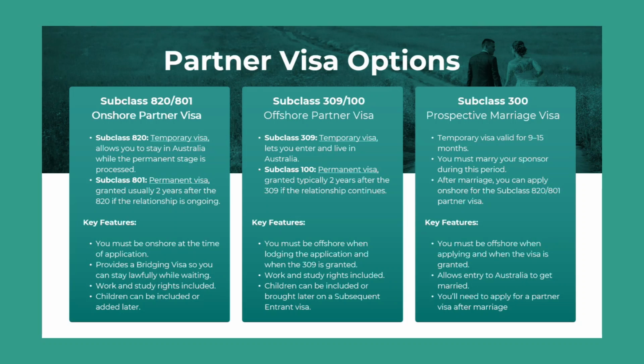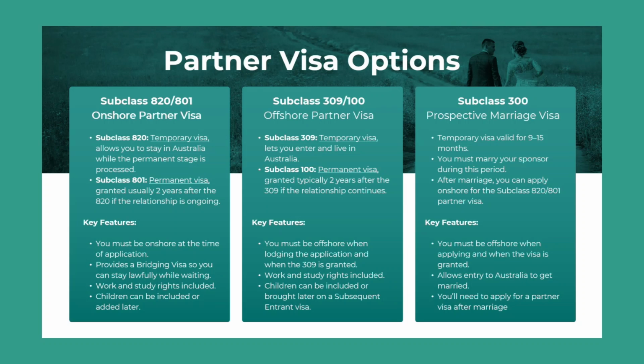However, in terms of documentation, the partner offshore visa, the 309 and 100, is a bit complicated. The prospective marriage visa, if you are just establishing your relationship, has a processing time that is a bit quicker as well than the partner offshore visa.